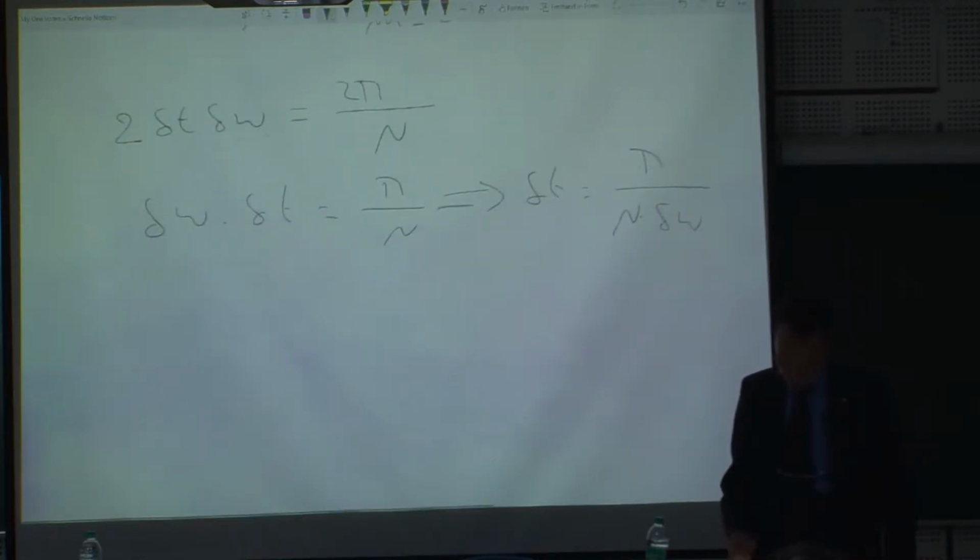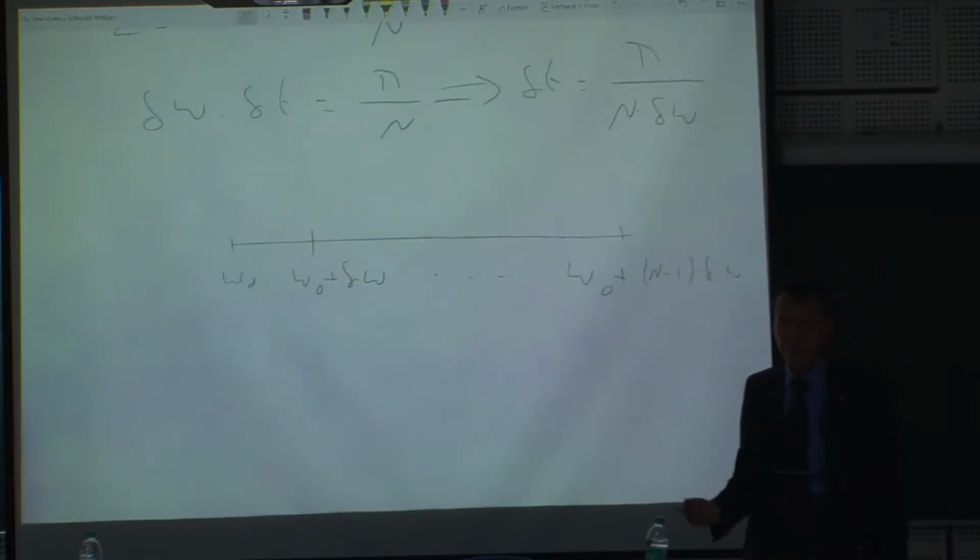Now if you look, if this is omega naught plus delta omega until omega naught plus N minus 1 delta omega, N times delta omega is roughly the bandwidth. And omega is actually angular frequency. If you express it as real frequency, hertz, N times delta omega is twice pi times the bandwidth.